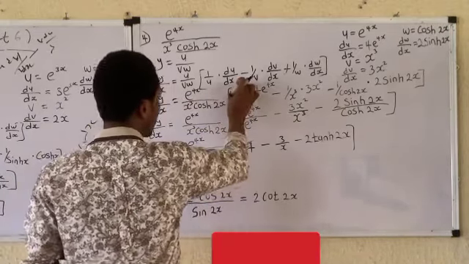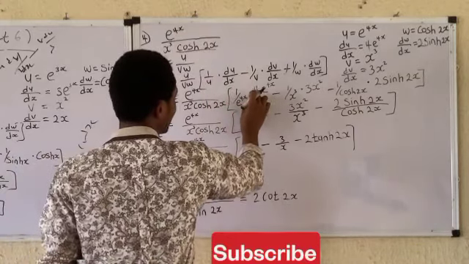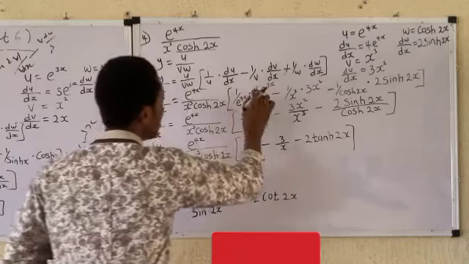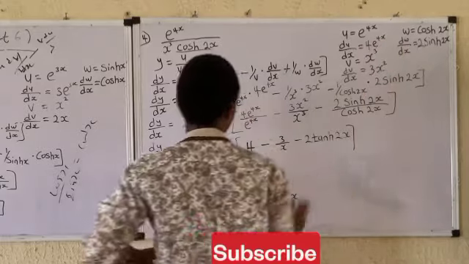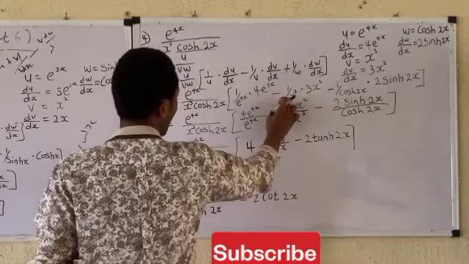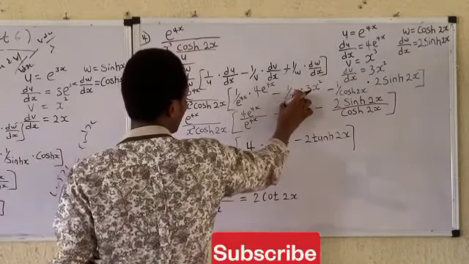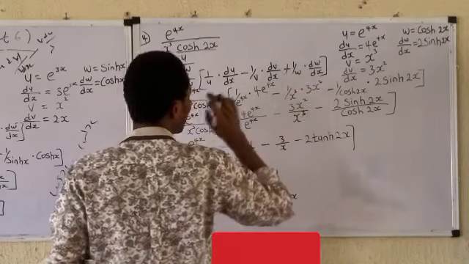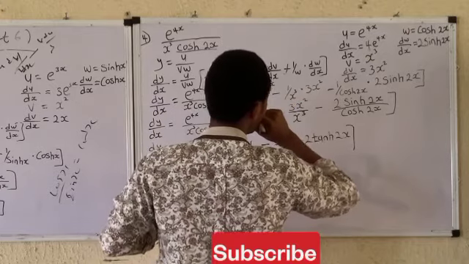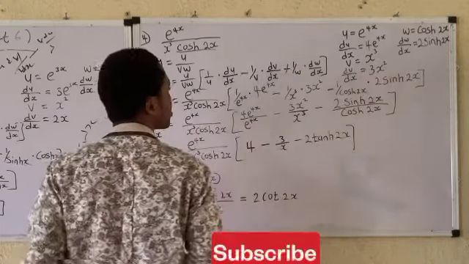Bracket open, our y over u, which is e raised to the power of 4x, times the differential form of u, du/dx, which is 4 e raised to the power of 4x, minus 1 over v, x raised to the third power, times the differential form of v, dv/dx, which is 3x squared.